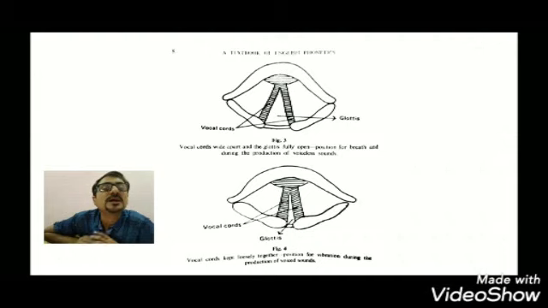When the vocal cords are wide apart and the glottis is fully open, it is the position for breath and during the production of voiceless sounds. When the lung air comes out of our mouth, passing through the windpipe and the larynx, these vocal cords are apart, so they do not restrict the air, and the air freely flows through the glottis, and the sounds produced are said to be voiceless.